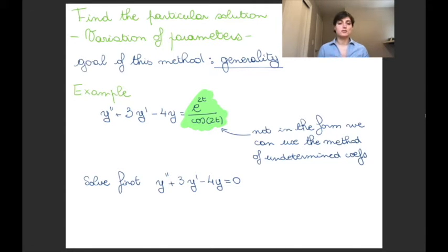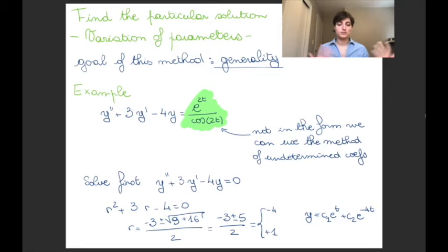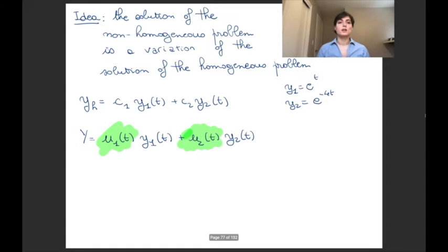The first step is solving y'' + 3y' - 4y = 0. We can do the calculations, and the general solution is c1 e^t + c2 e^(-4t). The idea of variation of parameters is that the solution of the non-homogeneous problem is a variation of the solution of the homogeneous problem.